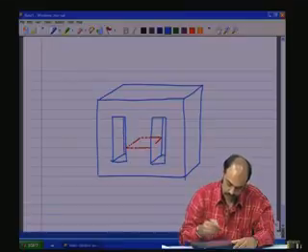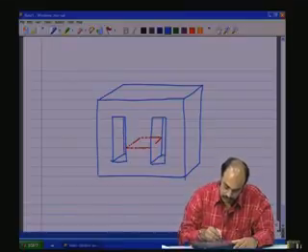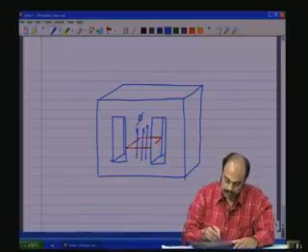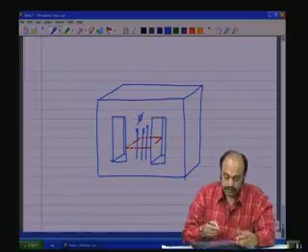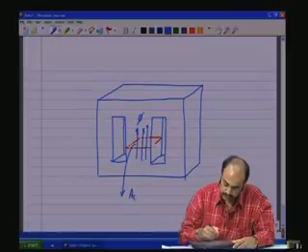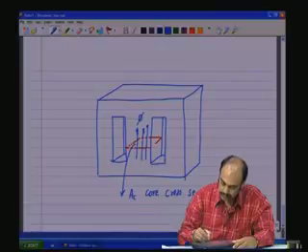Through which the flux is flowing, the perpendicular cross section area, that is the AC or the core cross section area.